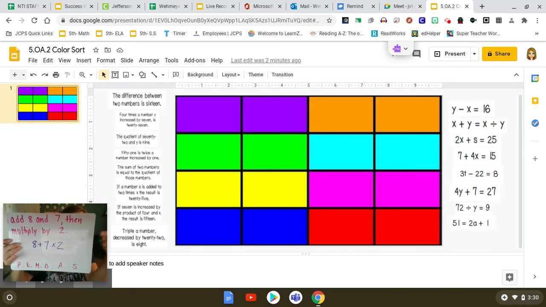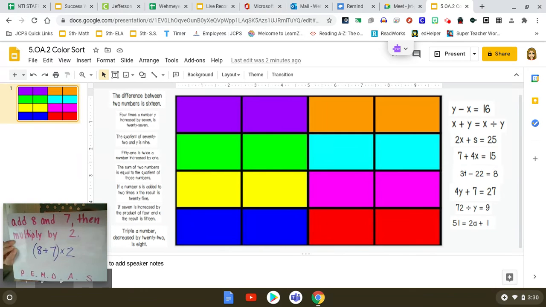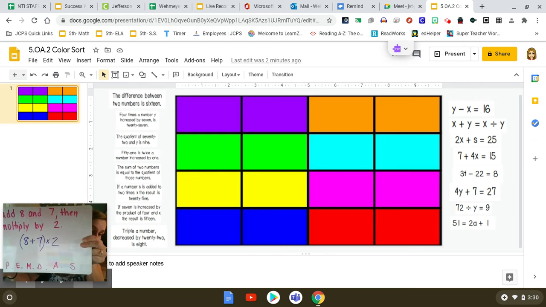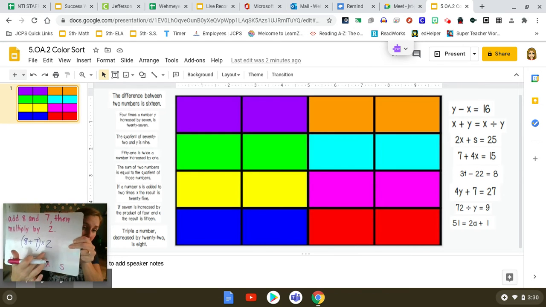So what can I do to my numerical expression that is going to indicate to perform that operation first? If I put parentheses around my 8 and 7, now it is indicated that I'm doing parentheses first, which would tell me add 8 and 7, and then I'm going to multiply the answer, 8 and 7, by 2.